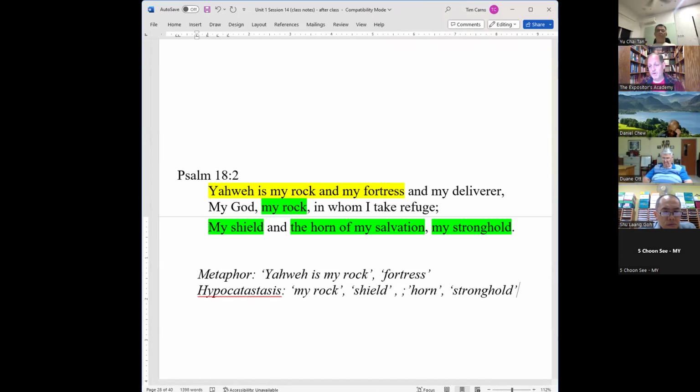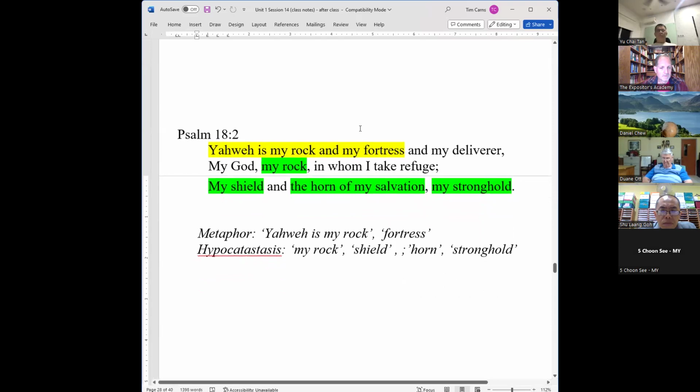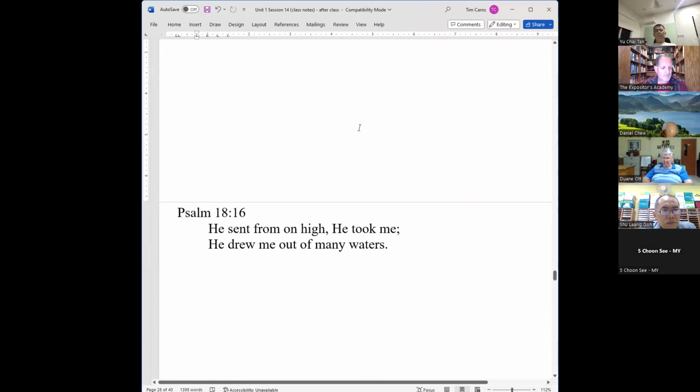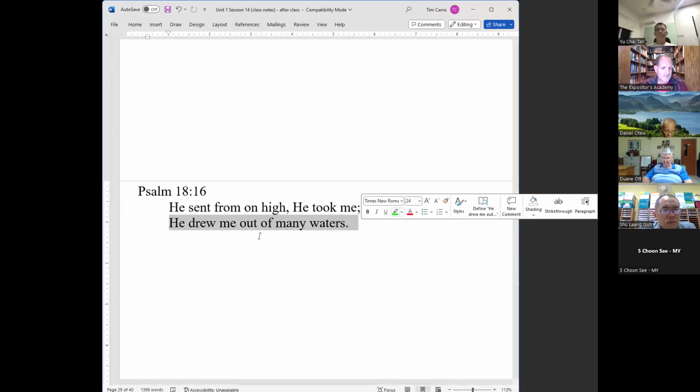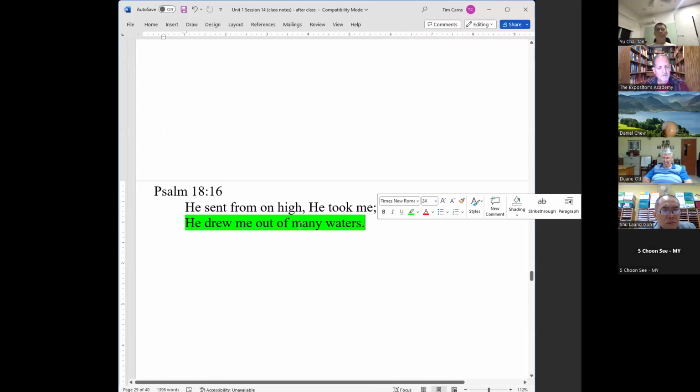All right. And again, noting that it's the strongest form of comparison indicates how much he's stressing this reality, that God is my protection, my deliverer. And then I had one more here. He sent me from on high. He drew me out of many waters. Well, that's a figurative expression, because it wasn't that David was drowning, it was being rescued.